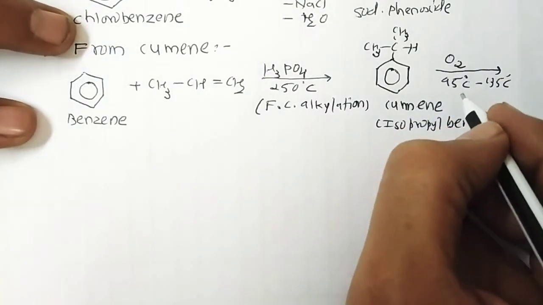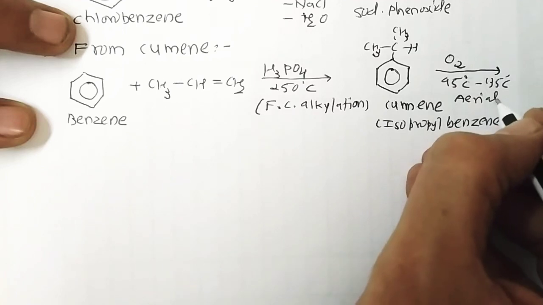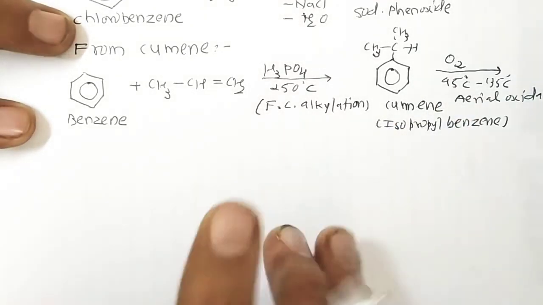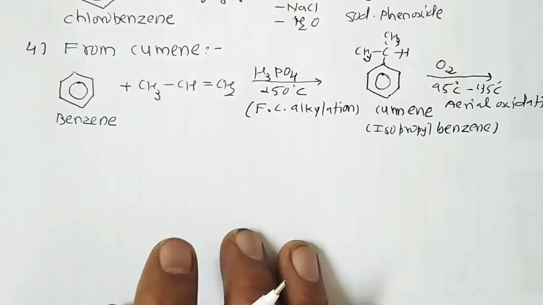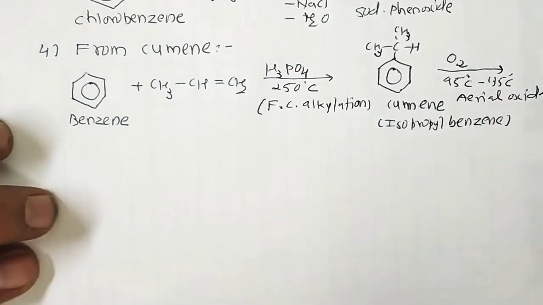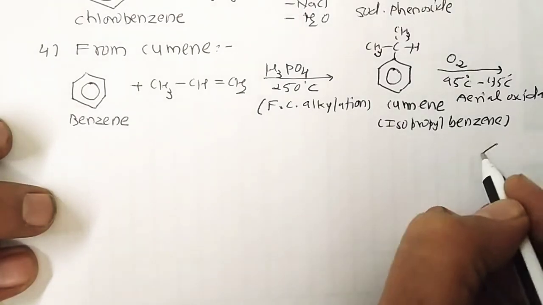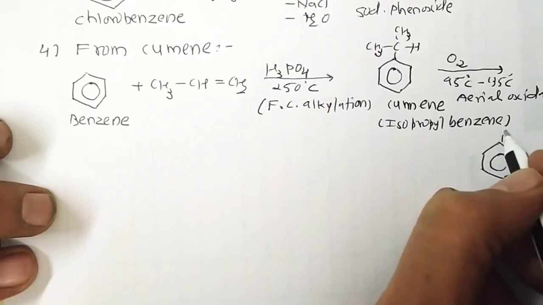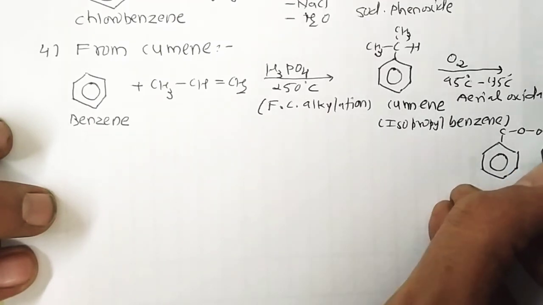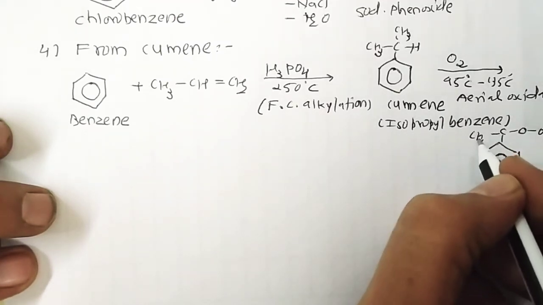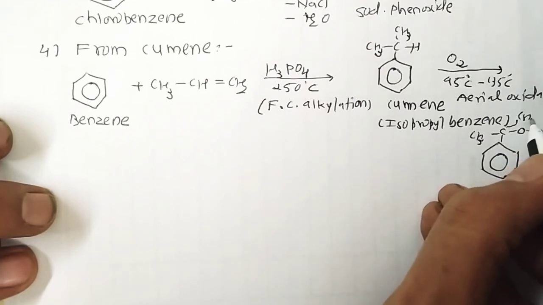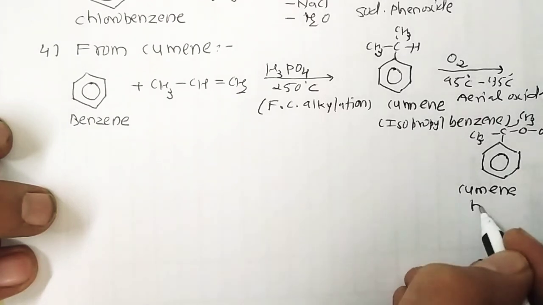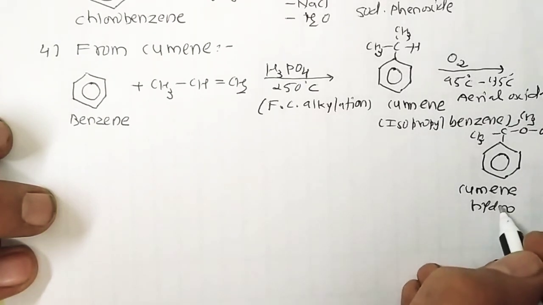Once again, it's called aerial oxidation. This aerial oxidation converts it into cumene hydroperoxide. The structure of cumene hydroperoxide is given like that: C-O-O-H, with one CH3 and one CH3. So it's called cumene hydroperoxide.